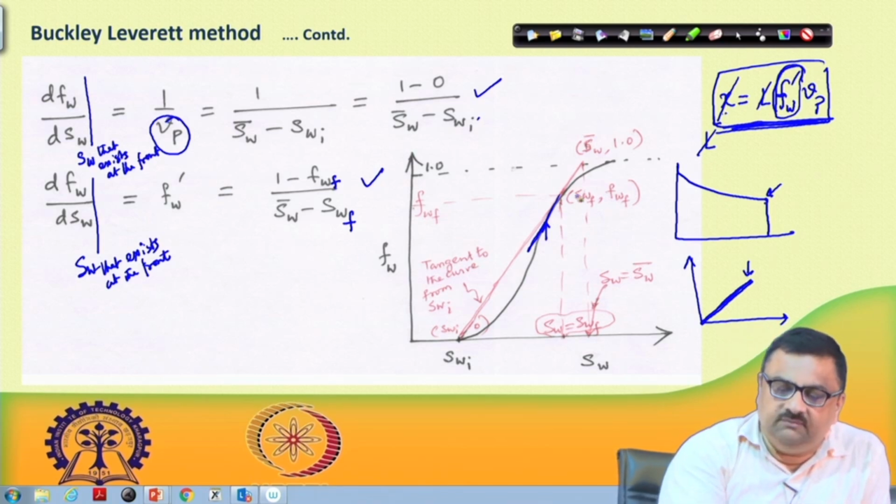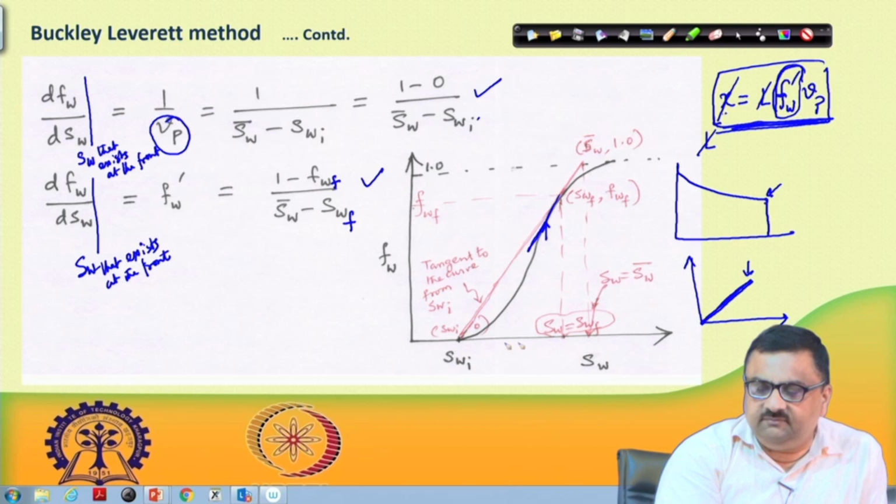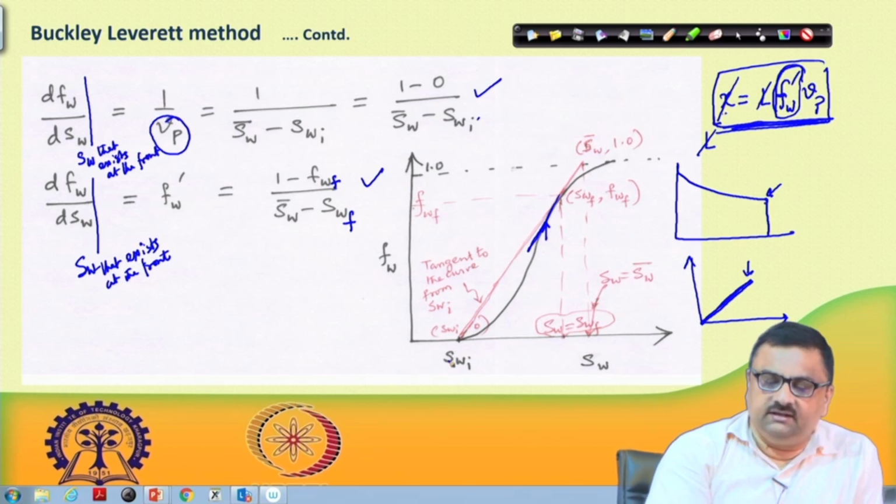Now, let us look at the limits here. FW, the limit here is between 0 to 1, okay, and SW, we have some limit of SWI and further on that side.